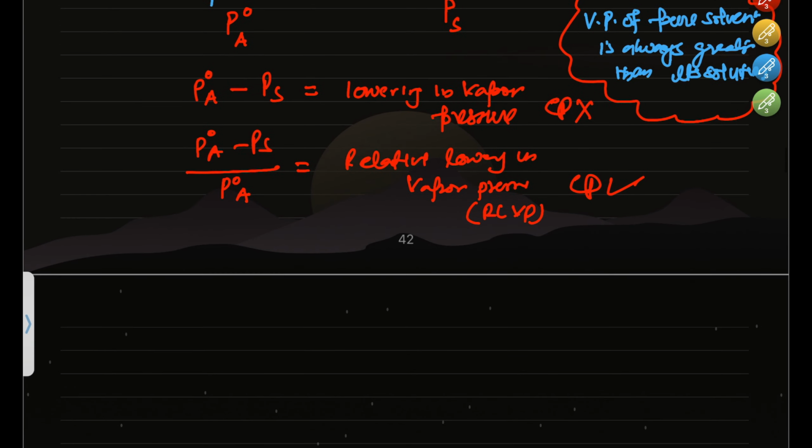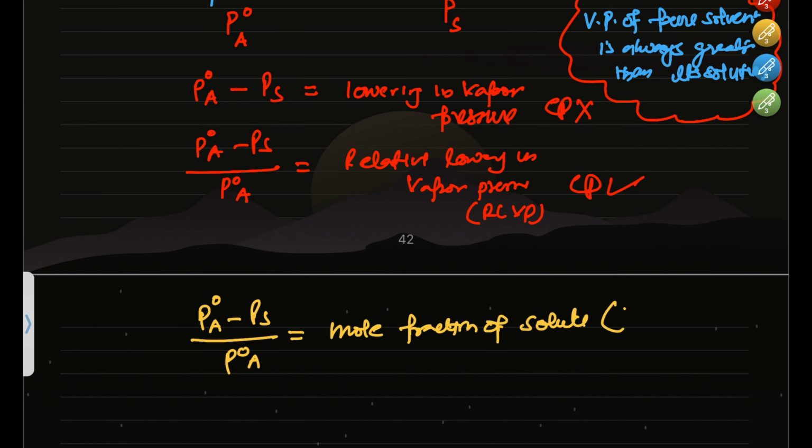Okay, relative lowering of vapor pressure is equal to (P naught A minus P solution) upon P naught A. This whole is called relative lowering in vapor pressure, and it is equal to the mole fraction of solute, represented as XB.